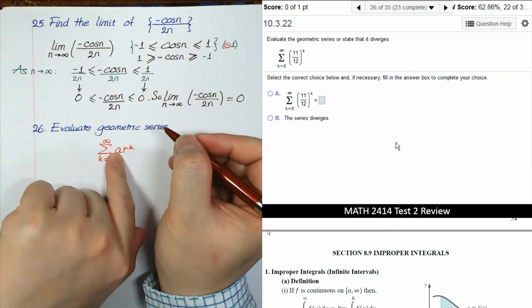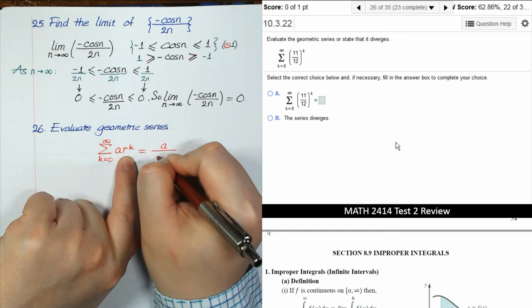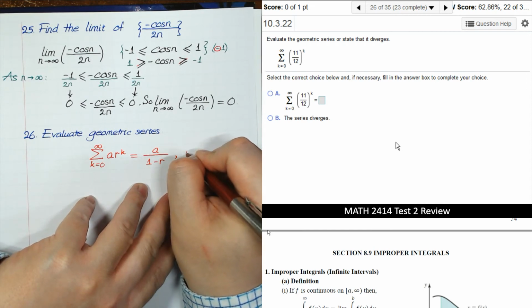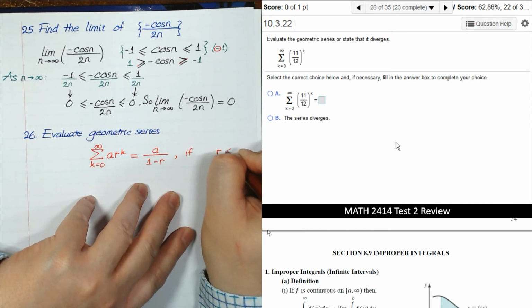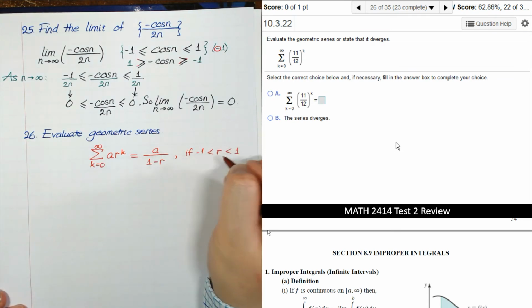A constant a times r to the k power is going to be equal to a over 1 minus r. This is only if r is between 1 and negative 1, not even equal.